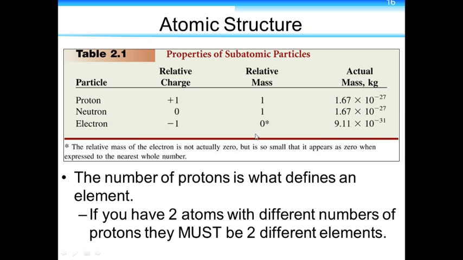So relatively it hardly contributes any mass to the atom itself. Now another key point is that the number of protons is what defines an element. If you have two atoms and they have different numbers of protons, they must be different elements. Each element is defined by the number of protons.